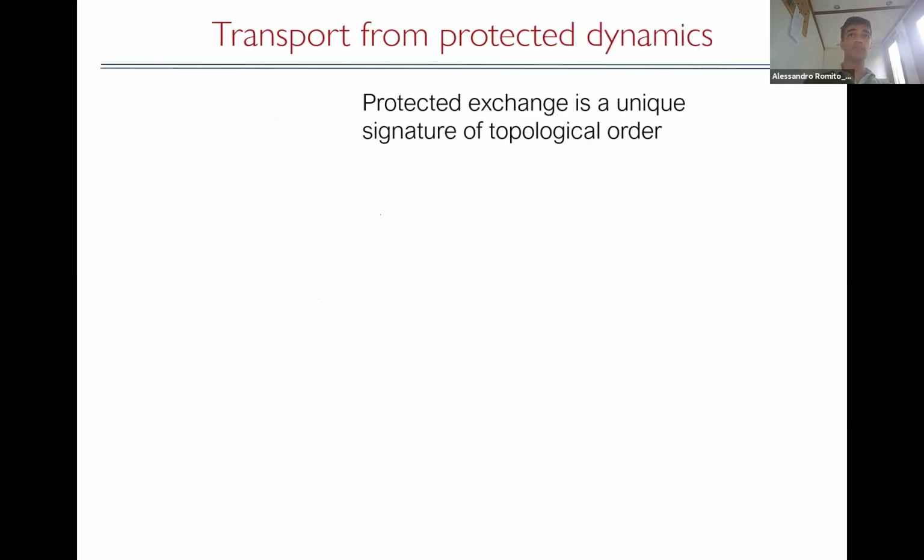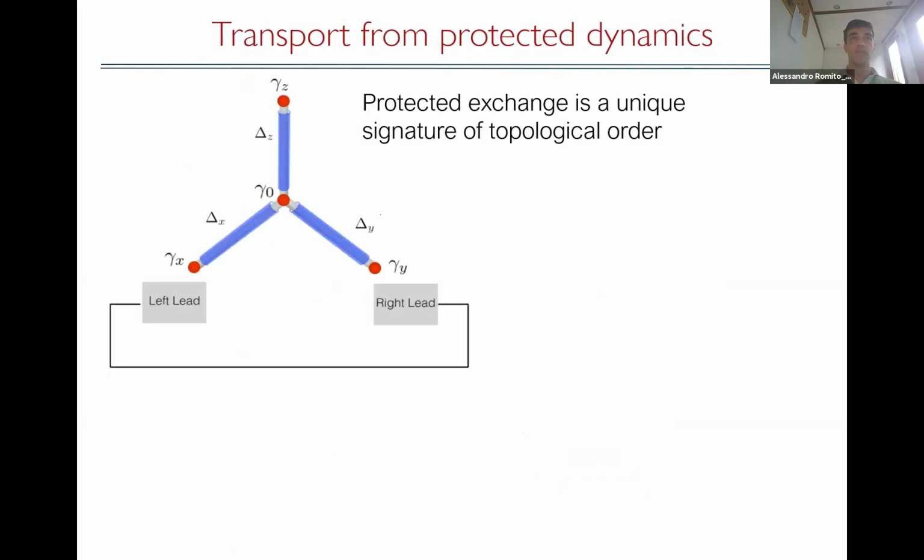So that's what we are trying to do in this talk. So the idea is to consider a system which hosts Majorana, realize a protocol, a cyclical manipulation of the system that performs a braiding of these Majorana, and analyze the transport properties and see whether the transport properties can show any signature or reflect any signature of this topological protection.